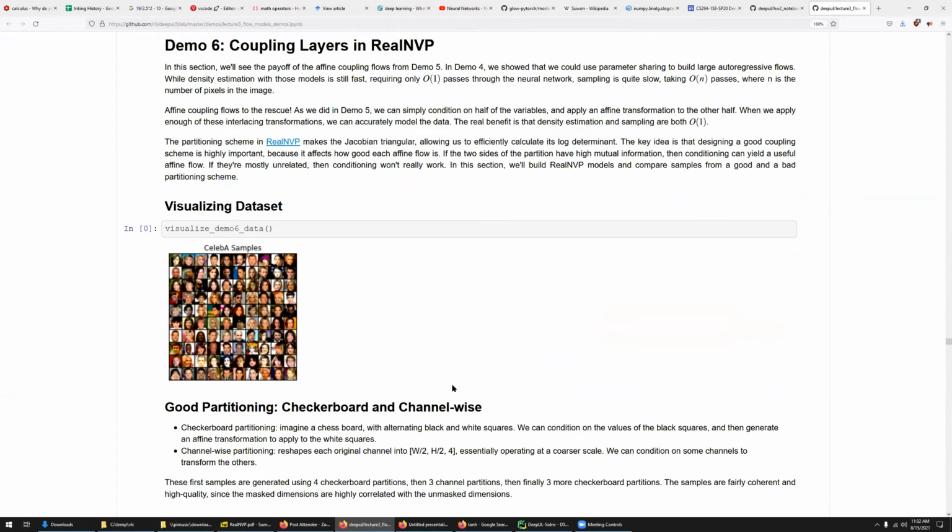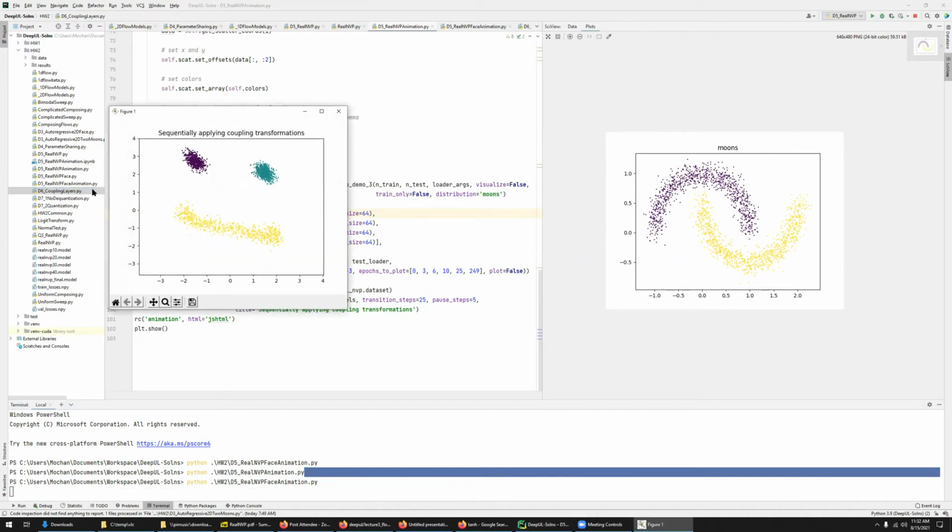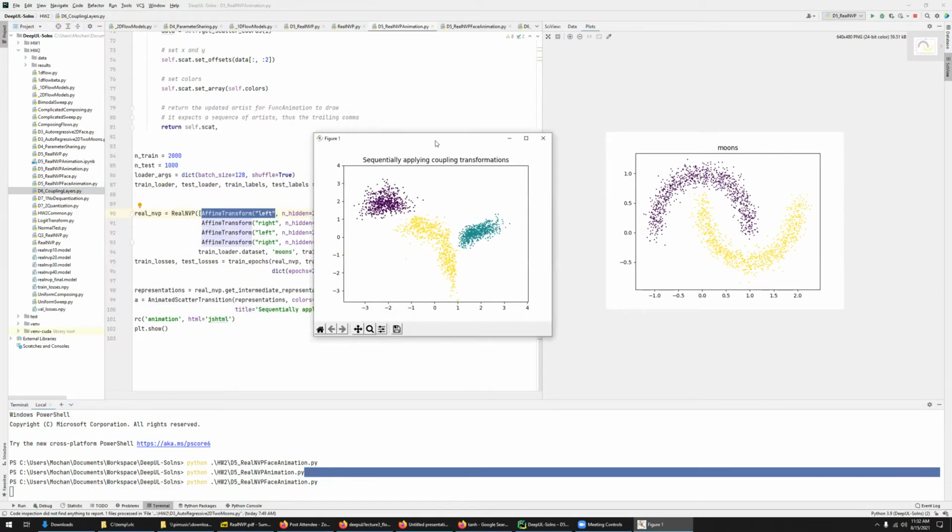It's similar to the affine, but instead of 2D, we now have these images. They're pretty bad images, so it's very hard to see what's going on. Okay, so these are the transformations.